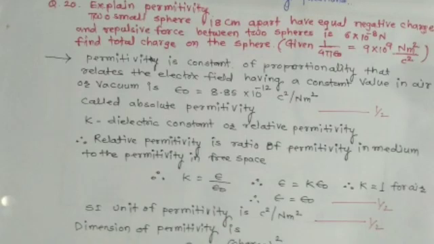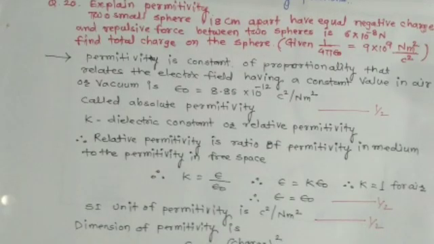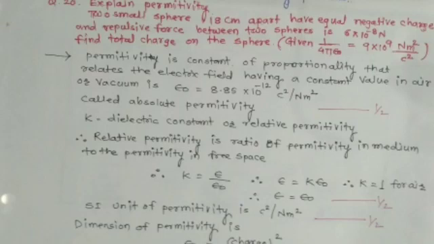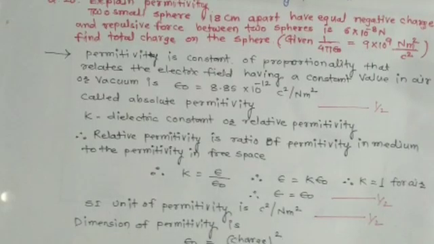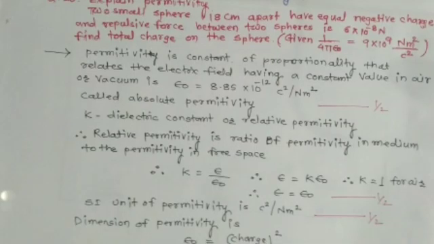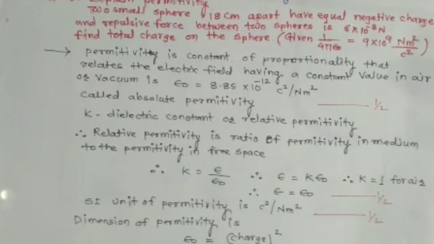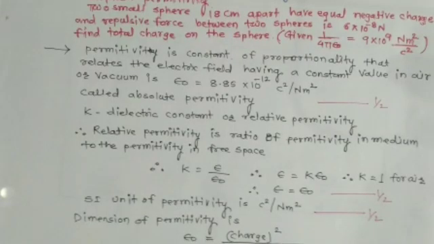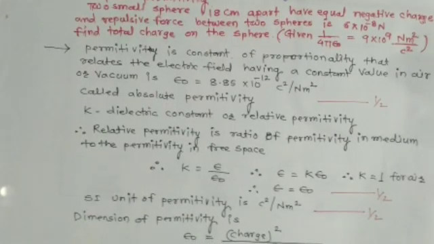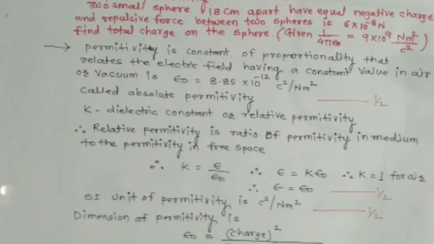If K is the dielectric constant or relative permittivity, then relative permittivity is the ratio of permittivity in a medium to the permittivity in free space. Therefore, K equals epsilon upon epsilon 0. Therefore, epsilon is equal to K epsilon 0.